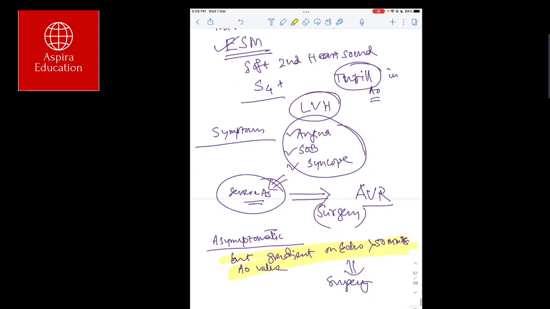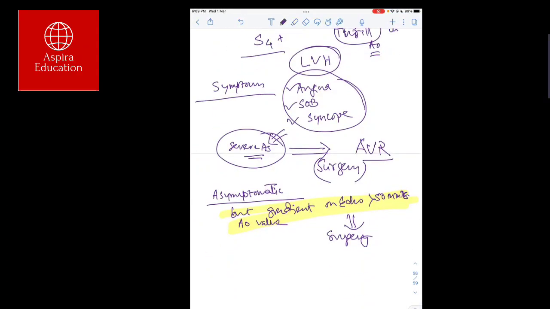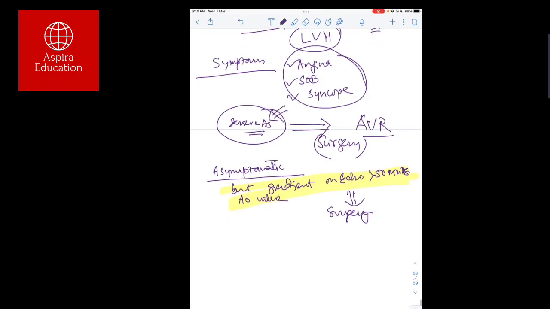A lot of complicated questions will come, but look at the thing. If it is a symptomatic AS, surgery. If it is an asymptomatic AS, with echo showing more than 50 millimeters of mercury gradient across the aortic valve, then again we need surgery. This is very, very important for your examination.